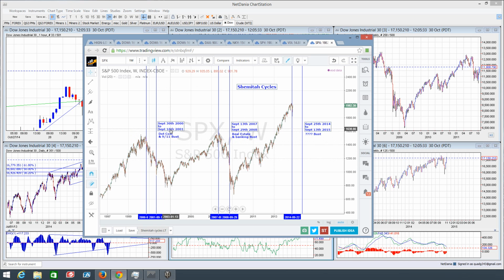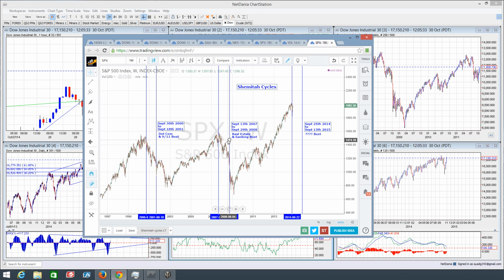And just 7 days prior to the end of that cycle, we had September 11th, which was obviously the 9/11 terrorist attacks in New York and Washington. So that concluded the end of that cycle, and then we saw some follow through to the downside into 2002.